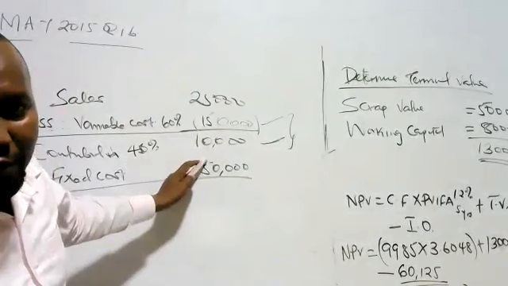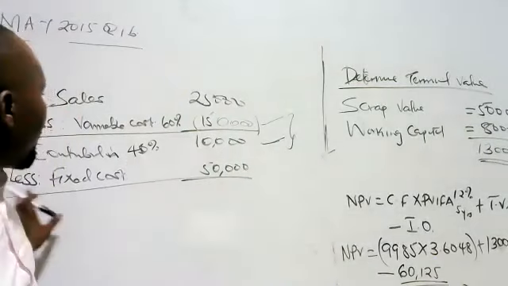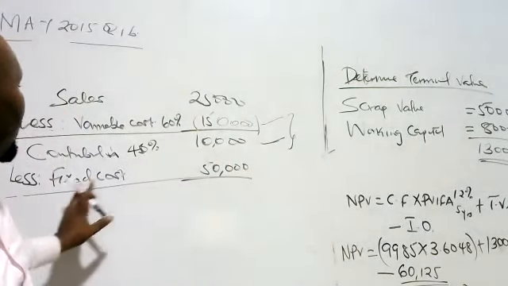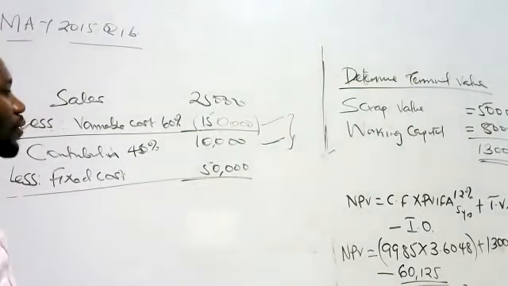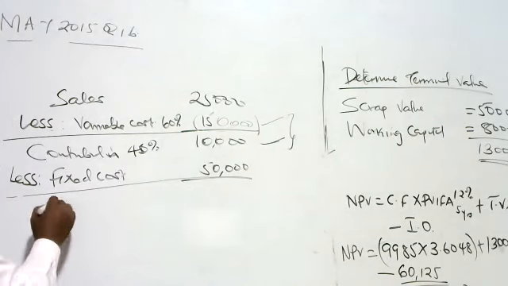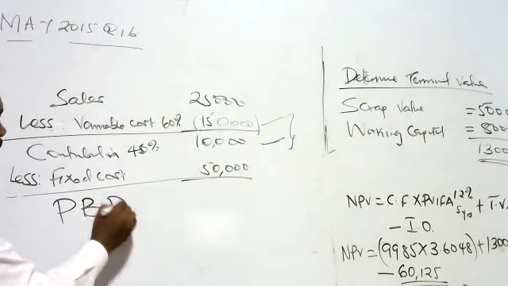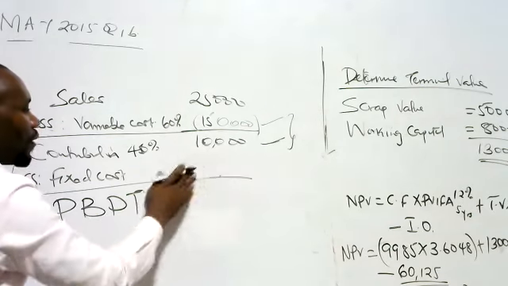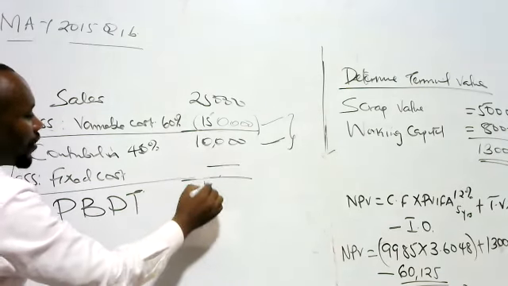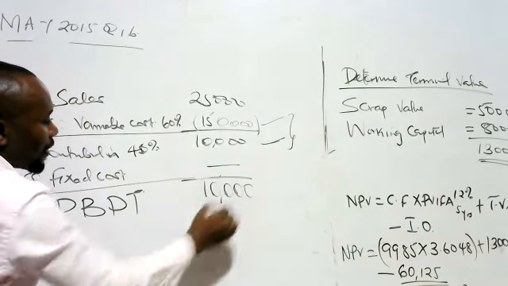This is what I was referring to. Now, if you have fixed cost, you proceed. After fixed cost, you are now going to have what is called profit before depreciation and tax. But now, because we don't have fixed cost, whatever you have here is going to act as the profit before depreciation and tax.